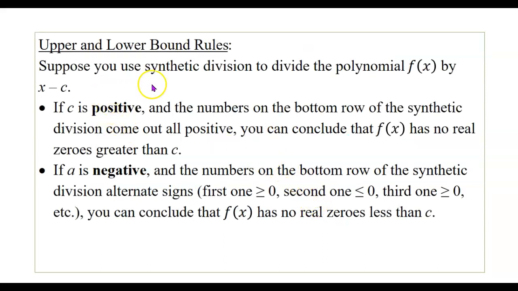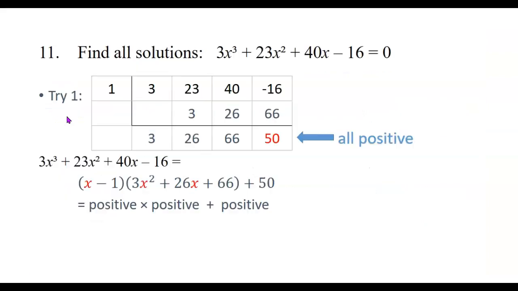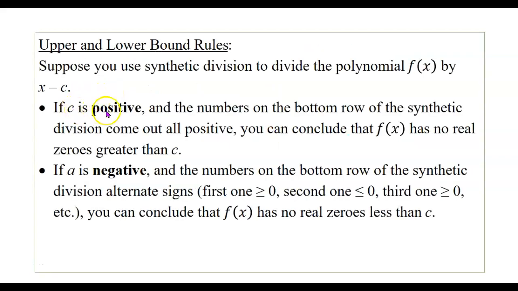And the rule that we're using here goes like this. Suppose you're using synthetic division to divide a polynomial by x minus some number. If that number is positive, like it was in this last example, positive 1, and all the numbers you get on the bottom row of the synthetic division come out all positive, you can conclude that your polynomial has no real zeros greater than the number you tried.